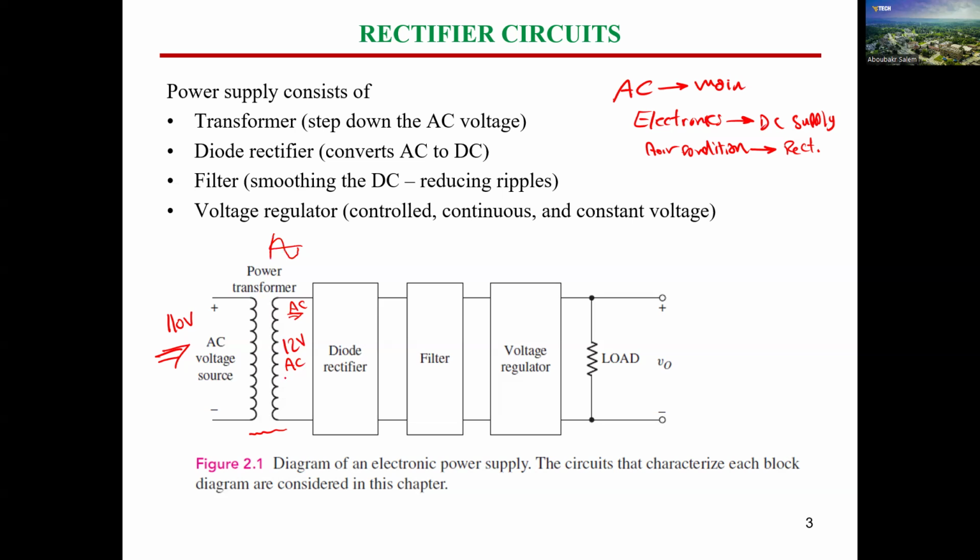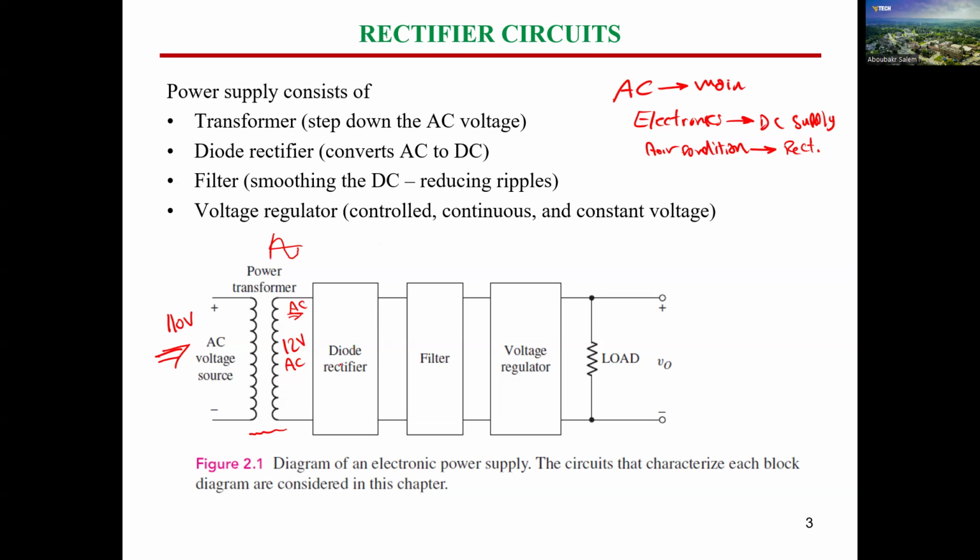Then in the rectifier circuit, we will find the next step, which is used to convert this AC to DC. But it's not going to be pure DC. What we will have here: we have something called half controlled, something called full controlled, something called half wave, and something called full wave.